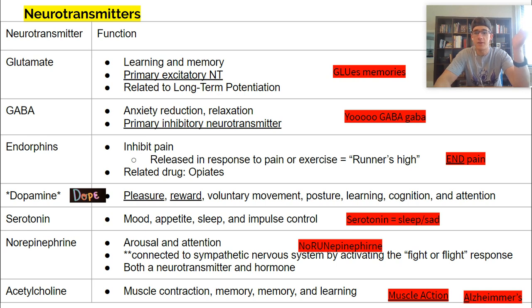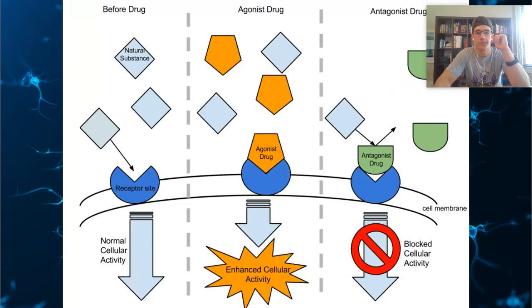Caffeine is an antagonist that blocks adenosine. And adenosine makes you drowsy. So when caffeine blocks adenosine from having an impact, it makes you more alert.